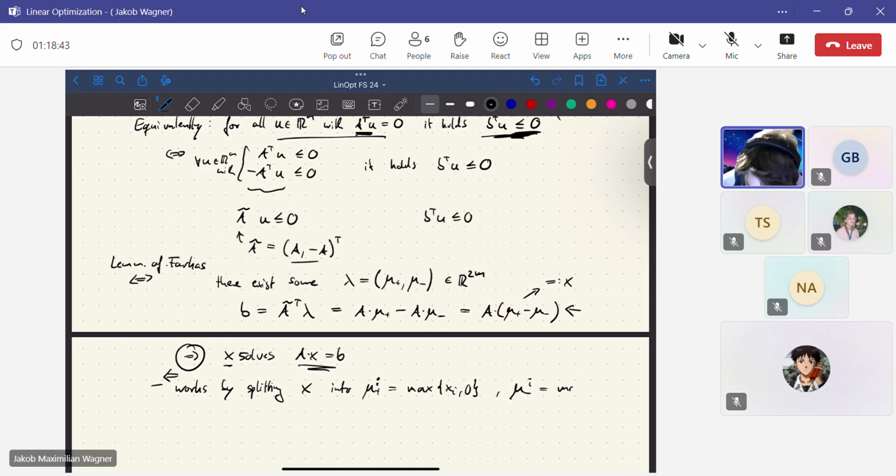This is the maximum of all the minus the negative entries, and so we have also the opposite direction here.